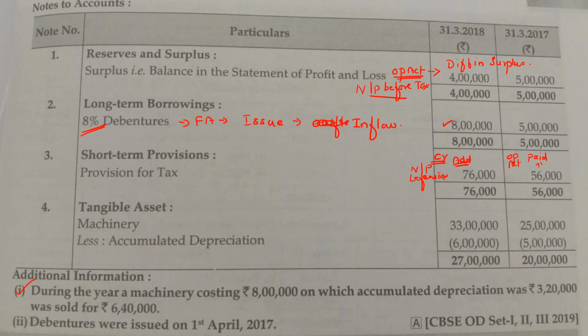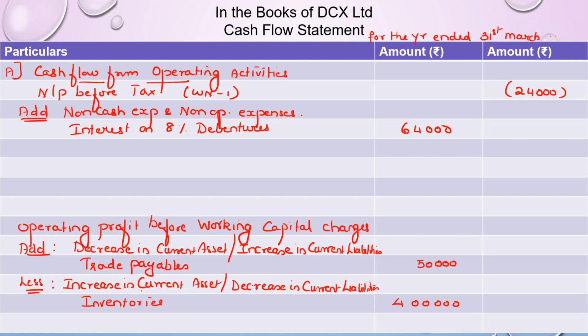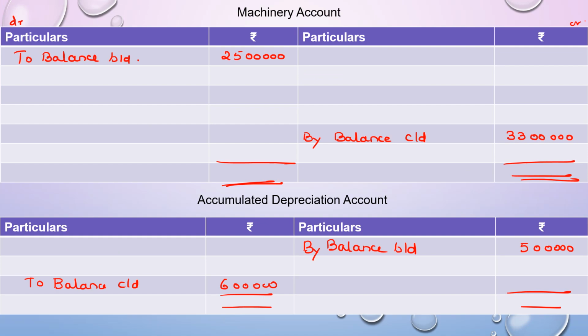So there was a machinery costing 8 lakh, which was having accumulated depreciation of 3 lakh 20 and was sold for 6 lakh 40. So that means in our machinery account, we are going to be transferring from the accumulated depreciation account the depreciation related to the machinery which has been sold, which was 3,20,000.